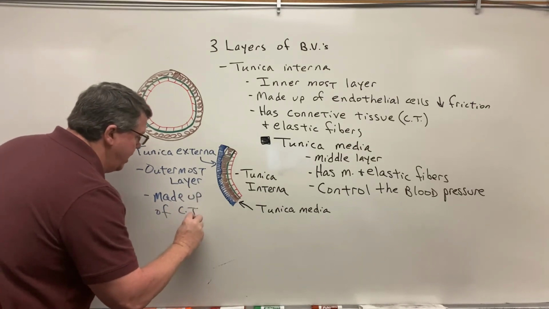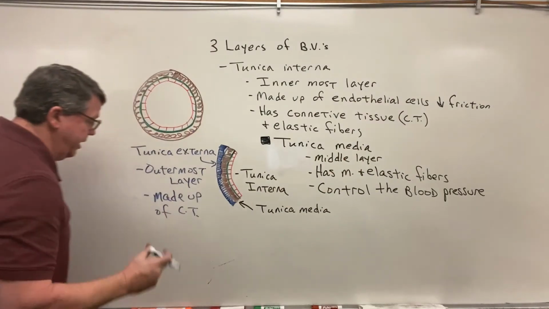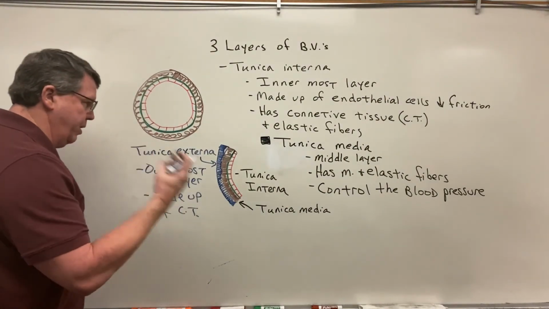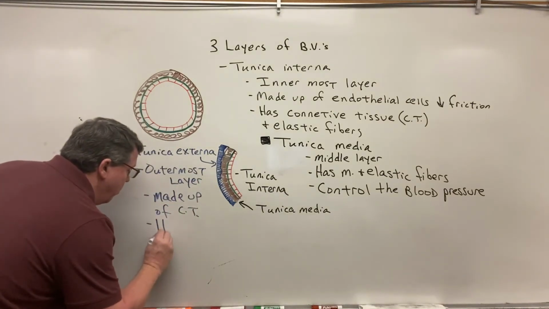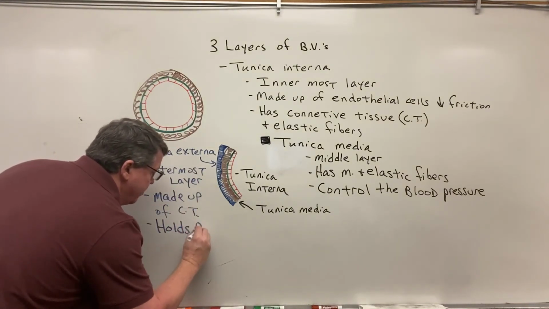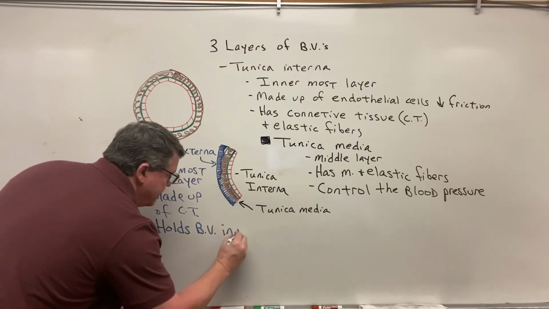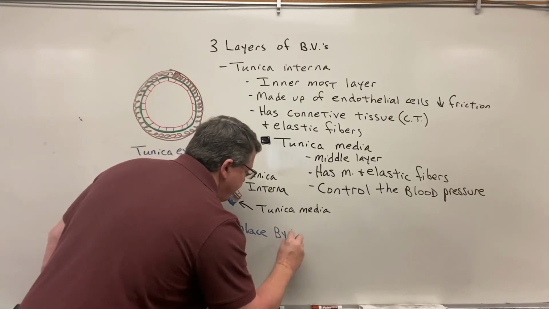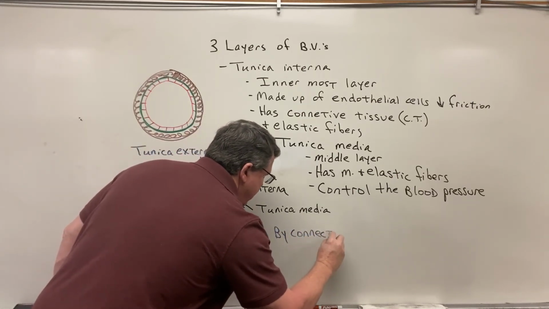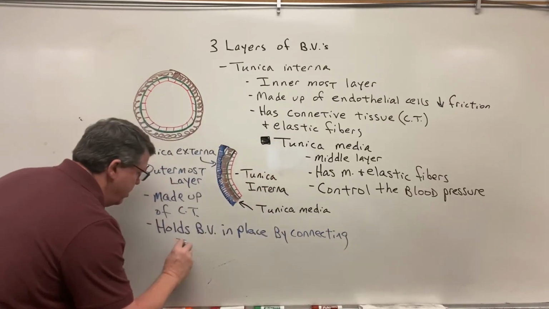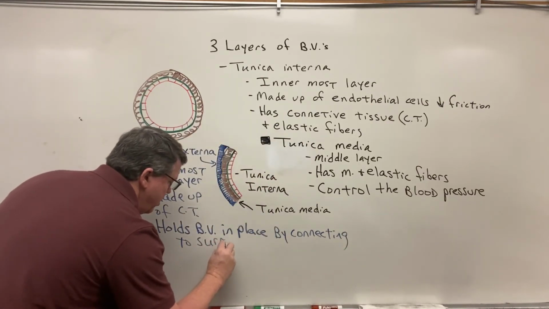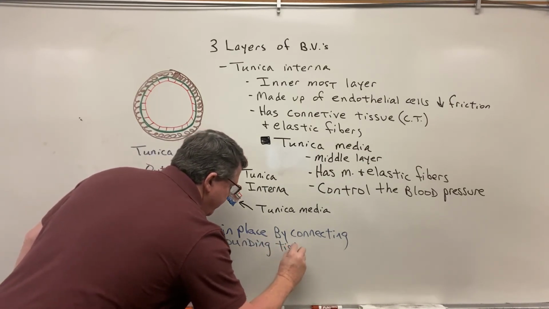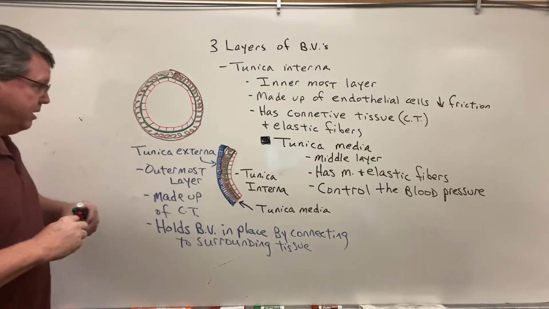And remember, we said over here, CT means connective tissue. And basically what this is going to do is help hold the artery in place, or the vein in place. So it holds blood vessels in place by connecting to surrounding tissue. Okay, so that's the Tunica Externa.